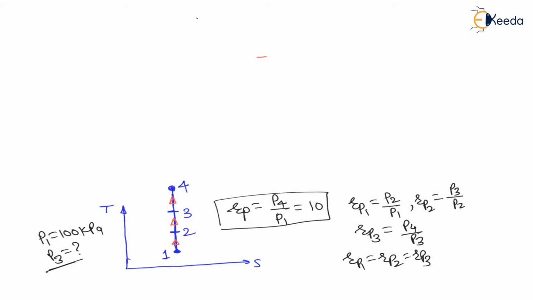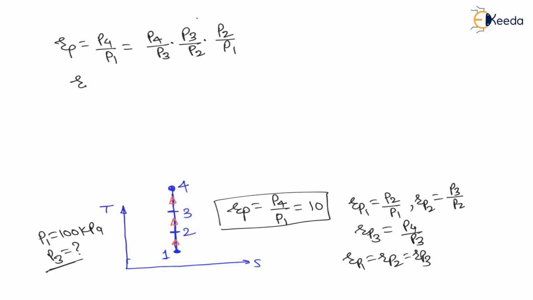Now see my dear students, here the total pressure ratio RP, which is nothing but P4 divided by P1, can I write as P4 divided by P3 into P3 divided by P2 into P2 divided by P1. P3 will get cancelled, P2 will get cancelled, and it will become P4 divided by P1.